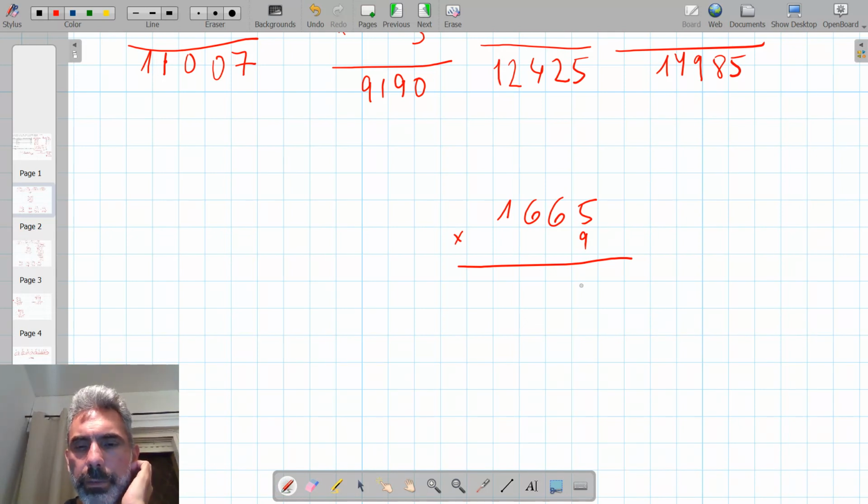Nine times 5 is 45. 9 times 6 is 54, plus 4 is 58.